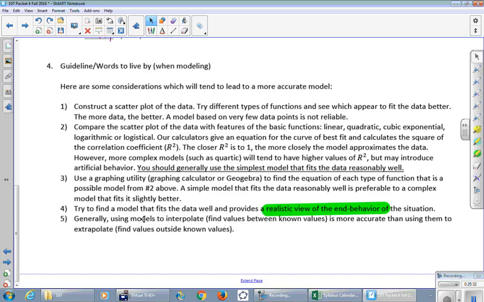If you are using your equation to find values between known values, like something between 1900 and 2010, I think was our table, you are probably going to be more accurate than if you try to use your equation to predict things outside of known values. Try to predict before 1900 or after 2010, something might change, who knows, right? So it's generally more accurate to interpolate than to extrapolate.